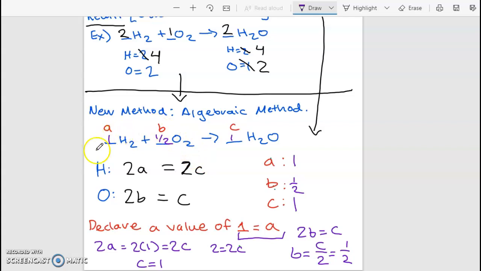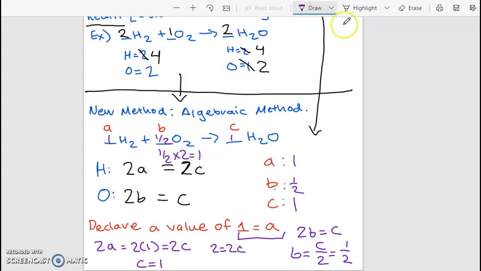As a scientist or as a chemist, we normally want to see these as whole number coefficients. So that 1/2 is not an appropriate value in terms of notation. It's correct, but we normally don't see it as 1/2. So we need to multiply this to become a whole number, and since this is 1/2, we multiply by 2 to get a whole number equal to 1.